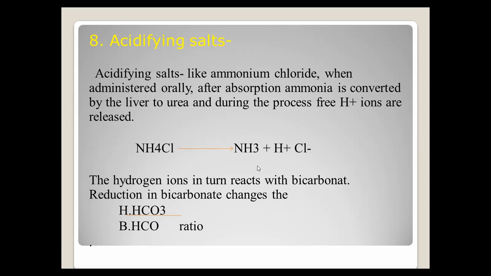Then the next step, NH4Cl converts to NH3 plus H plus Cl minus. Then the hydrogen ions react with bicarbonate, and there is a reduction in bicarbonate, which changes the ratio HCO3 divided by H2CO3. HCO3 means which acid? Carbonic acid.